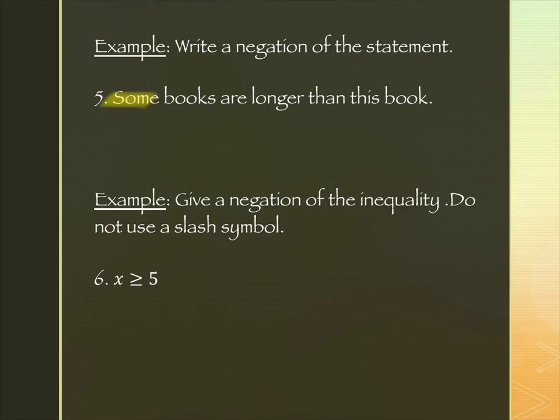Everybody with me so far? So you first need to identify what type of quantifier you have. This one is existential. So the word "some" is going to change into either a positive kind of universal quantifier, so something like all or every, or a negative one, which would be like none or no. So I'm going to put "no" because the semantics with the English will work a little bit better.